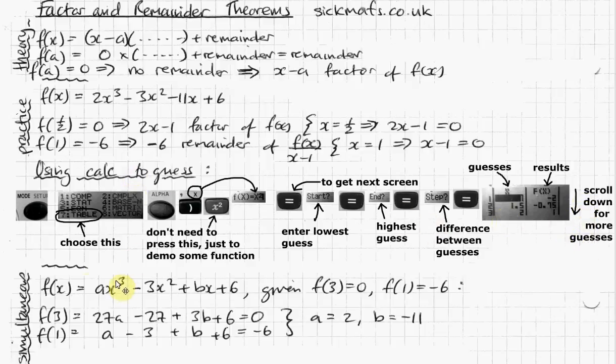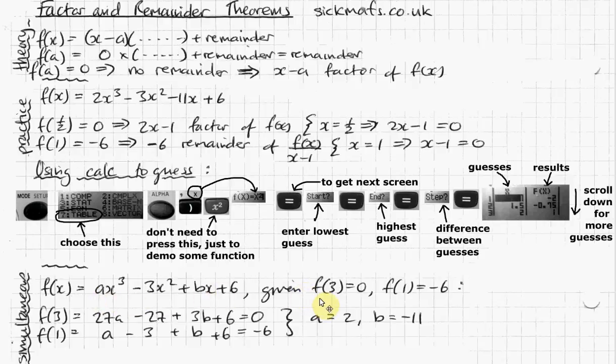Now, finally, here's a very common kind of question that you get asked. You get a function f(x) equals ax cubed minus 3x squared plus bx plus 6. Usually 2 letters that you don't know are stuck into the function, and you're told 2 things to work out those letters.